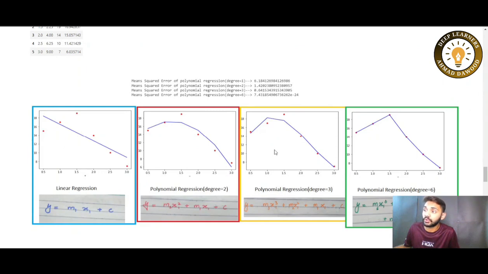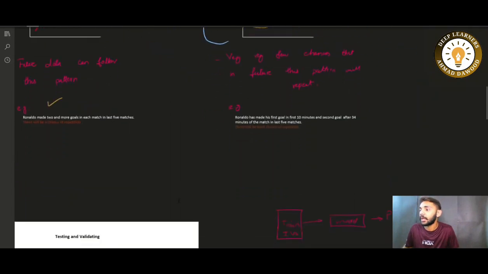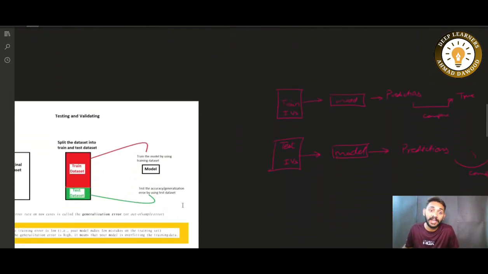So these types of models can also work well in the future, because they are generalizing the data points, not perfectly capturing them. Here is a little example, and you can keep it in mind just to take the concept that we have to generalize about the future. If we overestimate on the data set that we have right now, then we cannot predict properly about the future. Now we will see how we can do that practically.